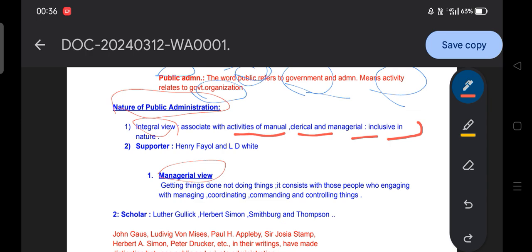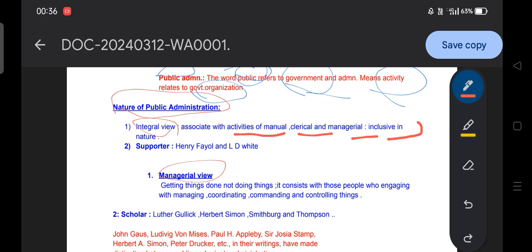Say, for example, in your family or in your organization or institution, some institutions emphasize the importance of all workers, starting from the watchman to the non-teaching staff to the teaching staff, be it lecturer or professor.